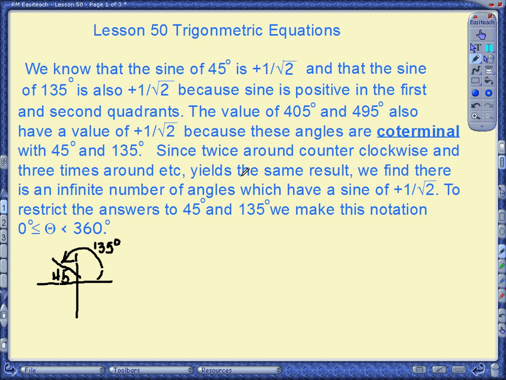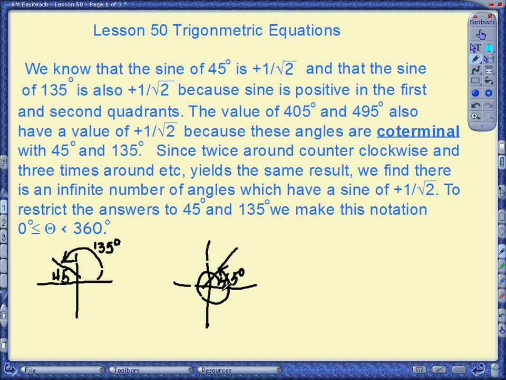Okay, the value of 405 and also 495 are the same. They have a sine value of 1 over root 2. So if we do 405, we've gone around once, and we've landed right back in the first quadrant, coterminal, right on top of a 45-degree rotation.